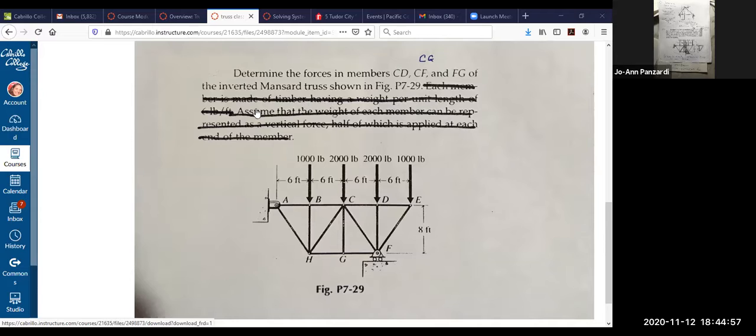So each member is made of timber and it has a weight per length of 6 pounds per foot. It says, assume that the weight of each member can be represented as a vertical force, half of which is applied at each end of the member. So I'm going to now stop sharing the screen, and instead I'm going to use my paper.